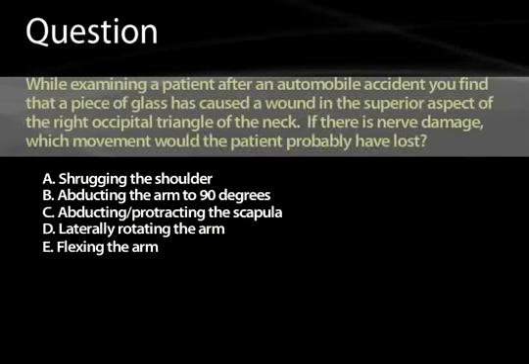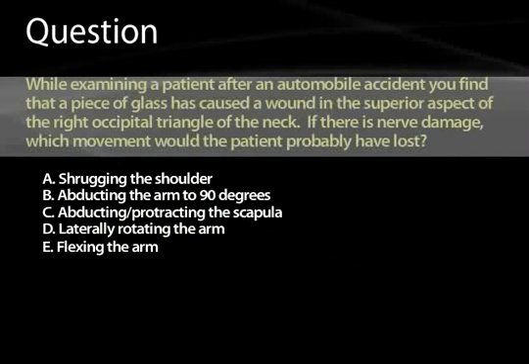Let's try another question. While examining a patient after an automobile accident, you find that a piece of glass has caused a wound in the superior aspect of the right occipital triangle of the neck. If there is damage, which movement would the patient have lost?